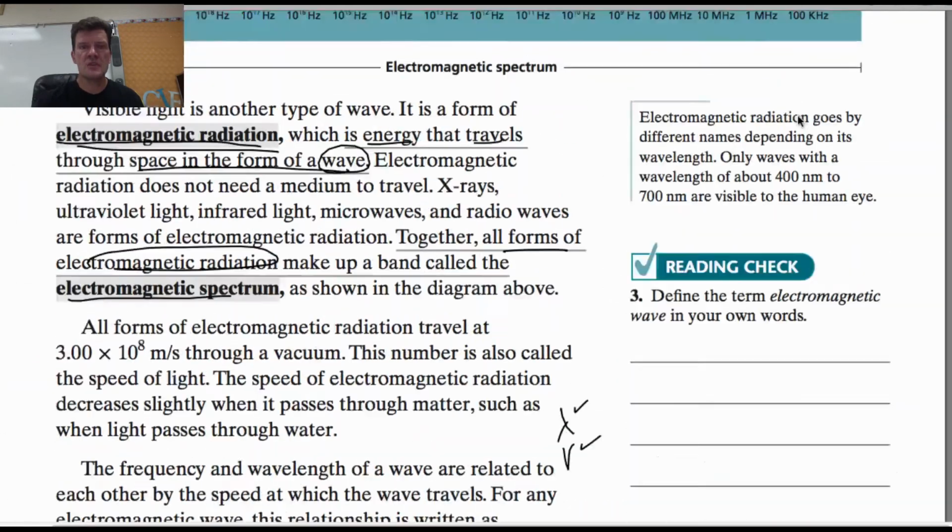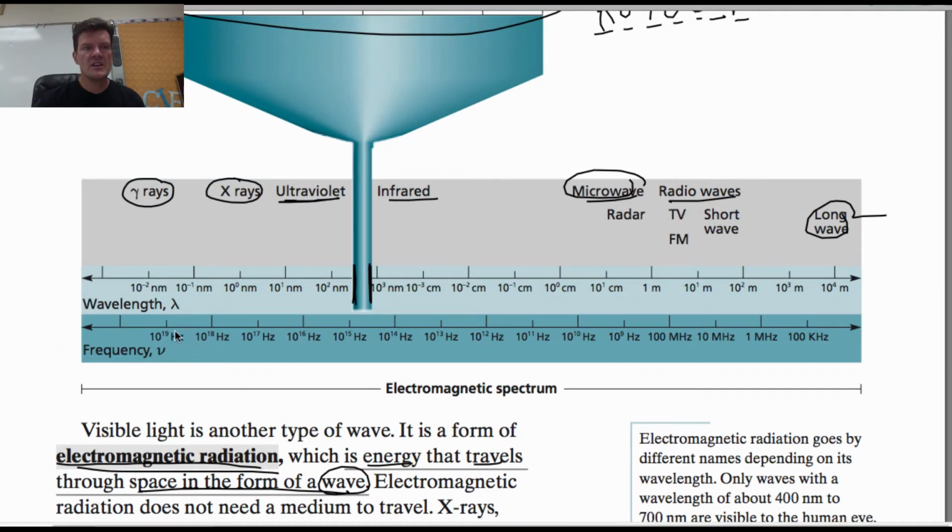Remember the spectrum up here? These right here have very high frequency, 10 to the 19th. Down here it gets smaller, 10 to the 9th. This is now no longer hertz, it's 100 megahertz. So now this is in 100 kilohertz. So this is very large. This is high energy here, high energy, high frequency.